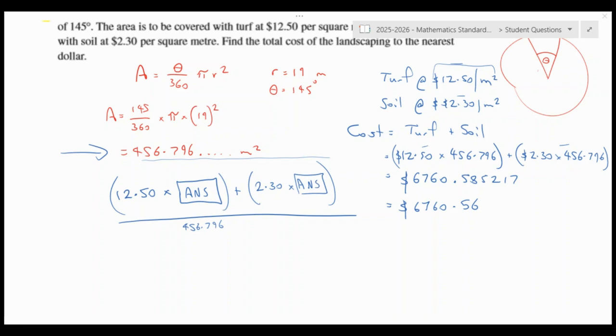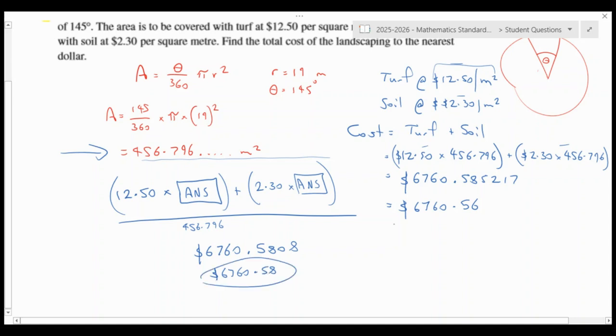It must be so fascinating hearing me type this in. I hit equals, and I got 6760.5808, which I would then round to 6760.58.